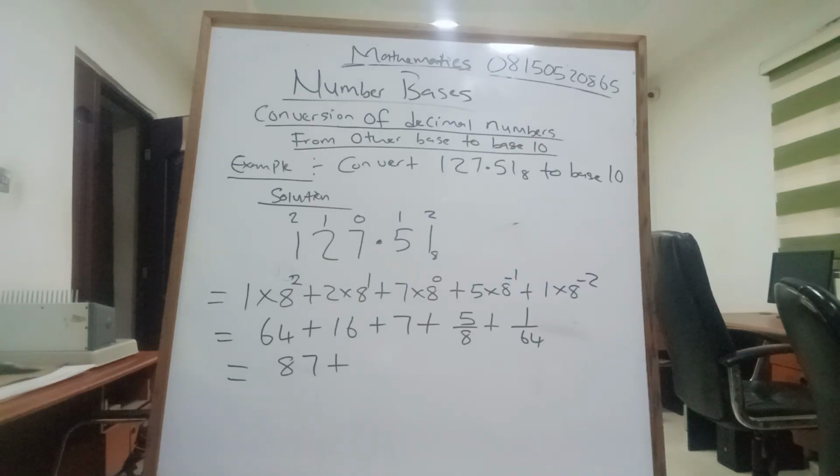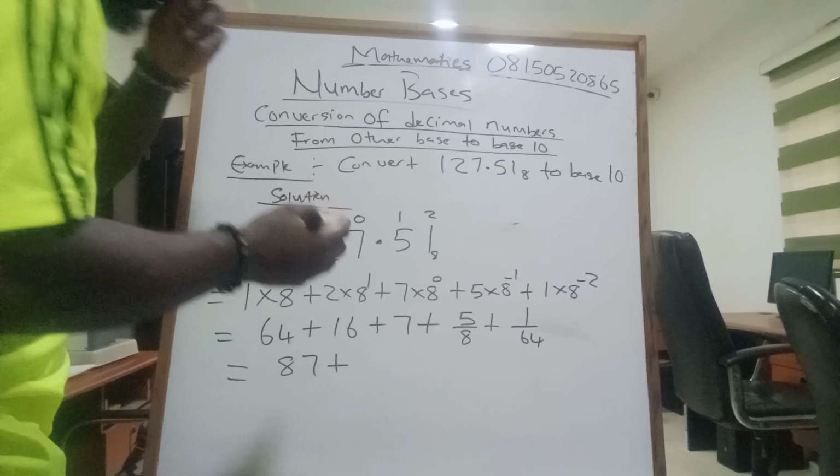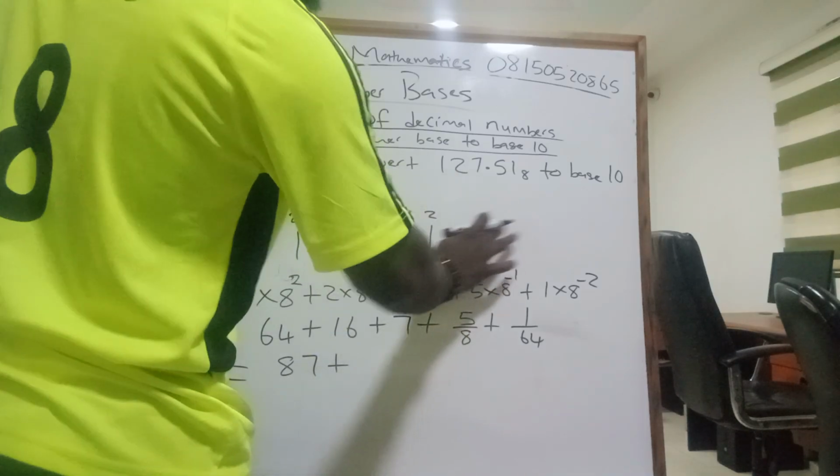So if you convert 5/8 to decimal, let's see what that will give us. Or probably you go through the long division method. So 5/8, let's see what it will give us if I go through that method here.